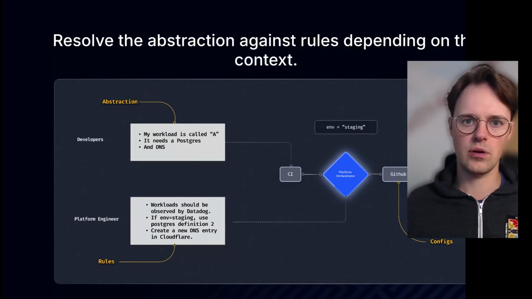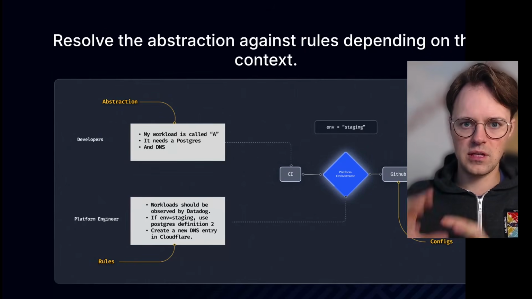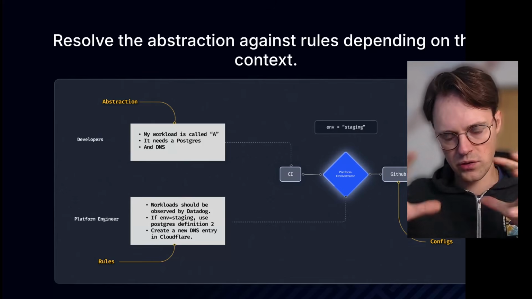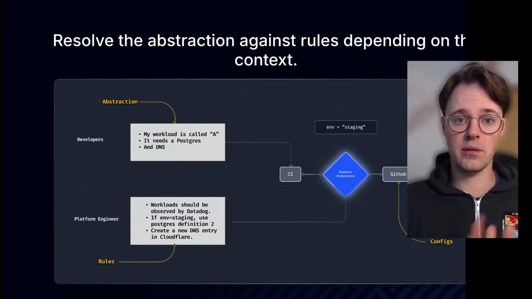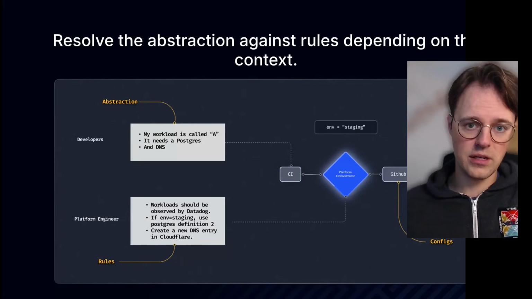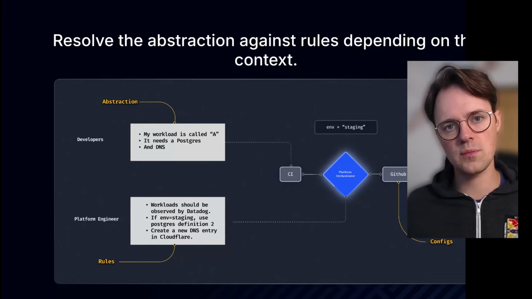and it needs DNS and whatnot. And then if that's getting sent to the CI pipeline and hits the orchestrator, which is sort of the backend of your platform, the orchestrator will look at rules, and the rules are defined by the platform team and/or by the infrastructure groups, and they'll contain things like workloads are always observed by DataDog.